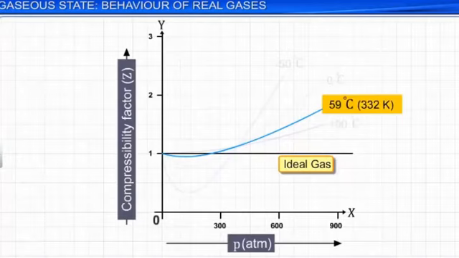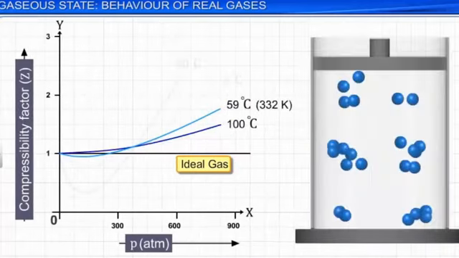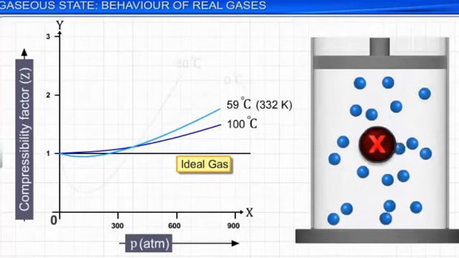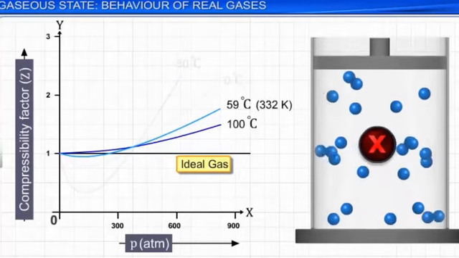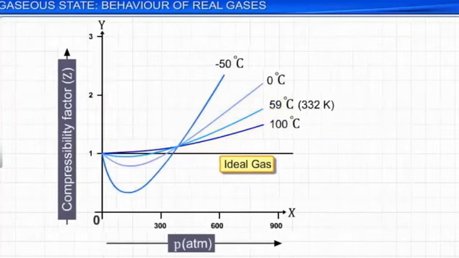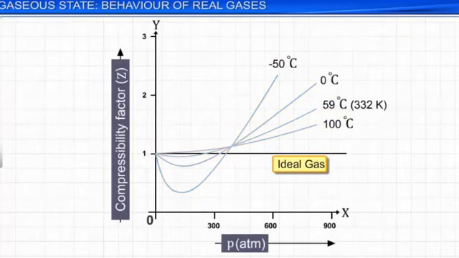Above Boyle temperature, real gases are difficult to compress, and the Z value is greater than 1. Below Boyle temperature, real gases first show a decrease in the value of Z, then reach a minimum, and with the increase of pressure, the Z value increases continuously. Thus, at low pressure and high temperature, gases show ideal behavior.